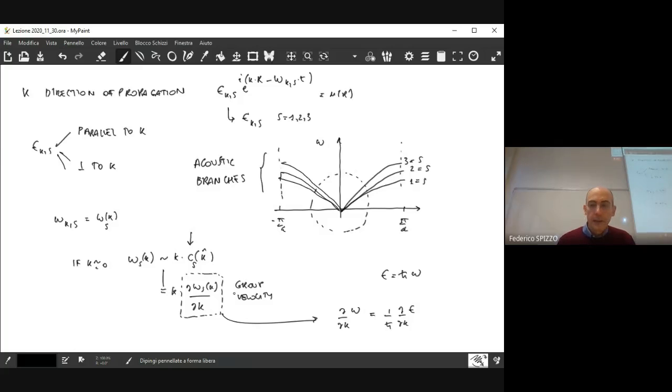So now if we go back here, for small values of k this derivative is just a coefficient. That coefficient represents the speed of sound within the solid. So at that point, in a rough way, you may measure the speed of sound within the solid. The speed of sound depends on omega, omega depends on D, and D depends on the potential. So you may have an indication concerning the potential just by accessing, for instance, the value of the velocity of the sound within the solid.